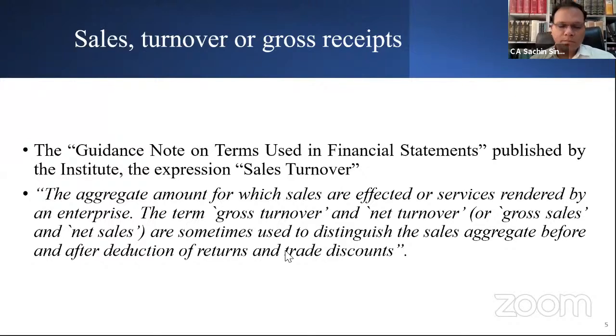So in the example I have given, 90 lakh or 106 lakhs, that is not forming part of this aggregate before and after returns and trade discounts, because in our example the component is the tax part and not returns or trade discounts. It is clear what we will do about returns or trade discounts, but it is important to understand what the treatment of tax will be.